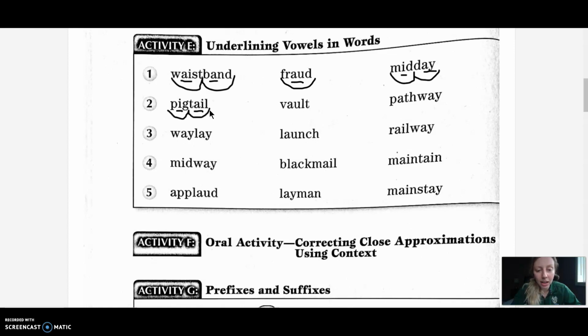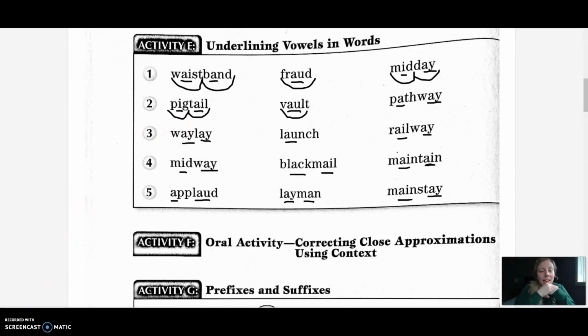Okay, I don't think we're going to have any that have three, but they'll either have two or one vowel combinations, which means two or one word parts. So what you're doing for the rest of this section, you are going to underline the vowel combinations and then split it into its word parts, okay? Go ahead and pause the video and do that now.